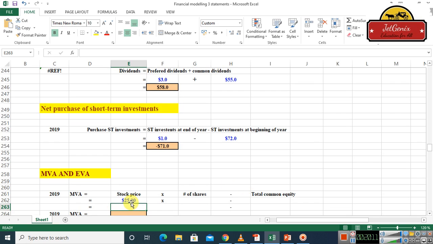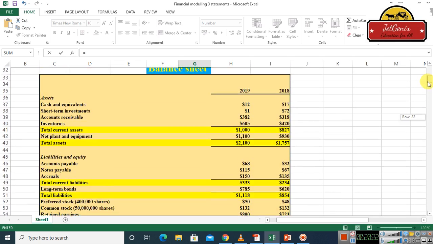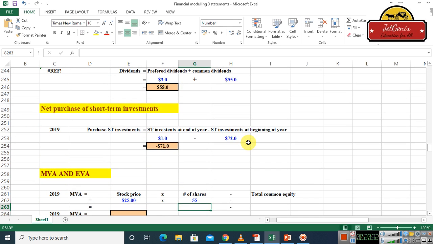Now we have the stock price here, and the number of outstanding shares is again at the very beginning of this spreadsheet. So scroll up, and here you can see outstanding shares in million. This is the shares outstanding. Select this one, 55, and press enter.